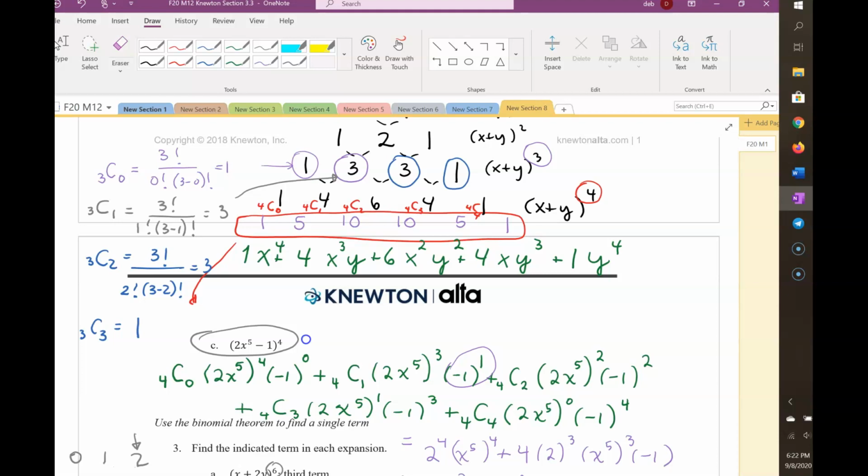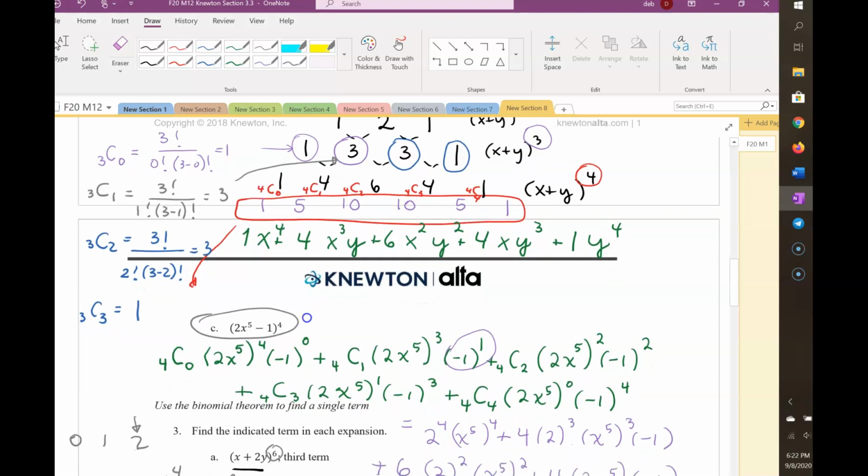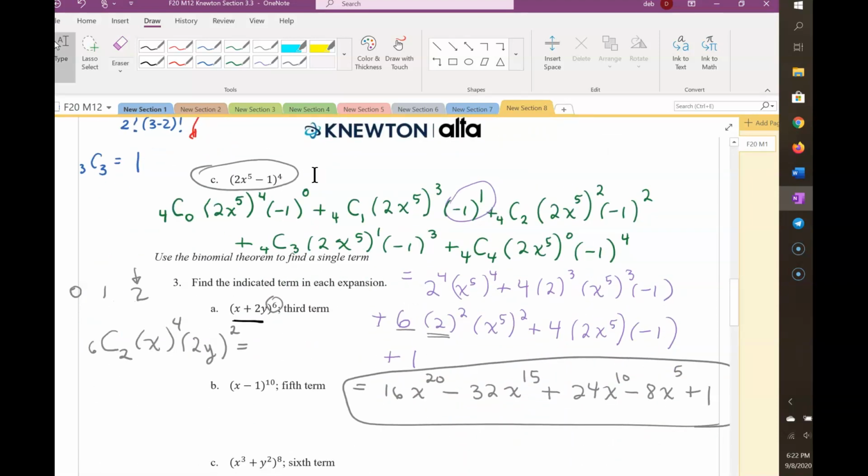Let's see, that's our purple line up here above. No, that's one more down, 1, 6, 15. So this must be 15 times x to the 4th times 4y squared. So that's going to be 60 x to the 4th y squared. So these are kind of like puzzles.